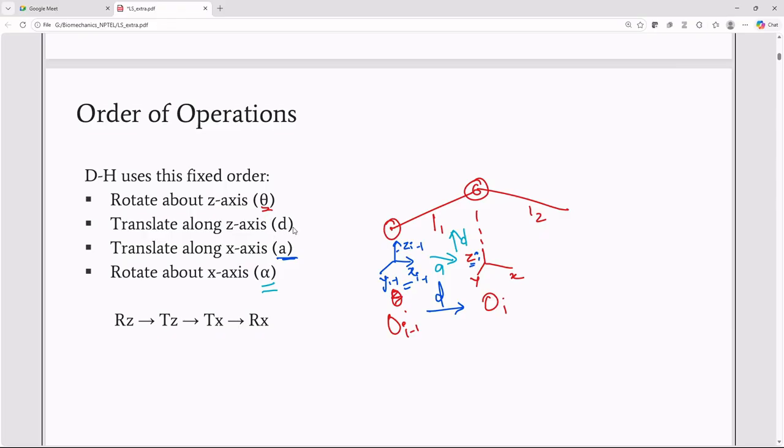Then we have translated in the z direction. Then we translated the system along x-axis.